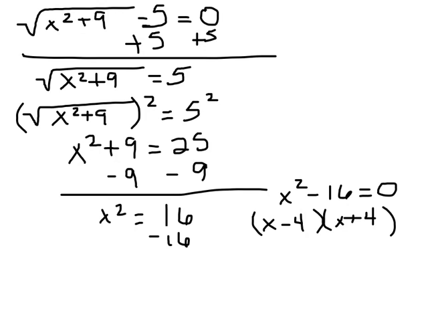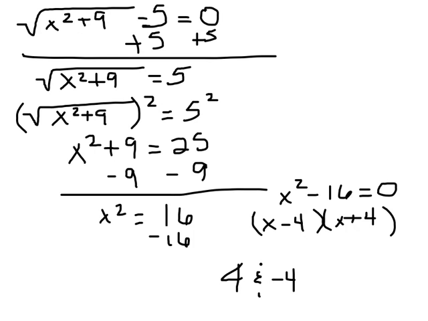Let's try negative 4. Negative 4 squared is still 16, and 16 plus 9 is 25, and the square root of 25 is 5, and 5 minus 5 does equal 0. So we can say that our solution set is 4 and negative 4. So we have two solutions.